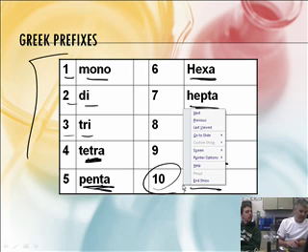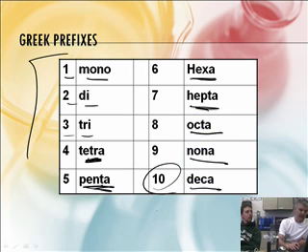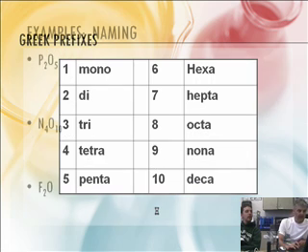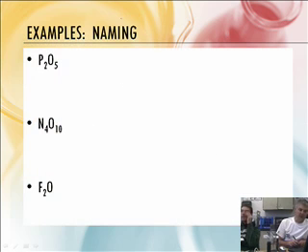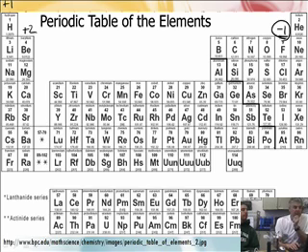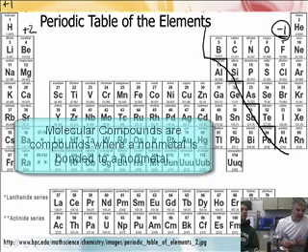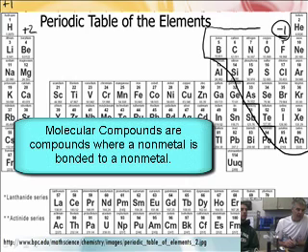The good news is that we want to learn how to name molecular, or covalent, compounds. What types of elements are we talking about? This only applies to non-metals. There's not too many of them: just these over here, and we can exclude the last column because they never react with anything.